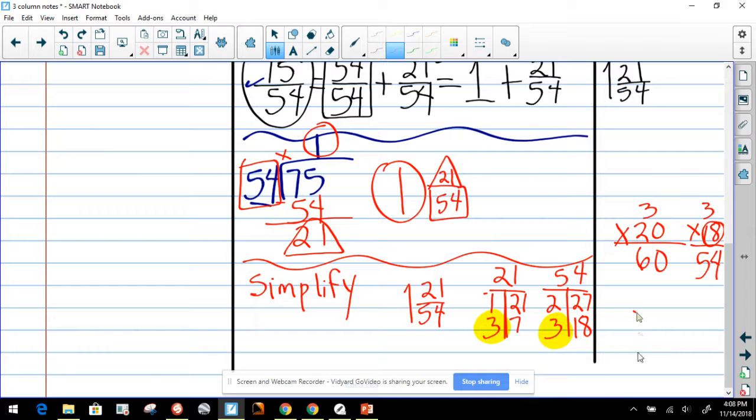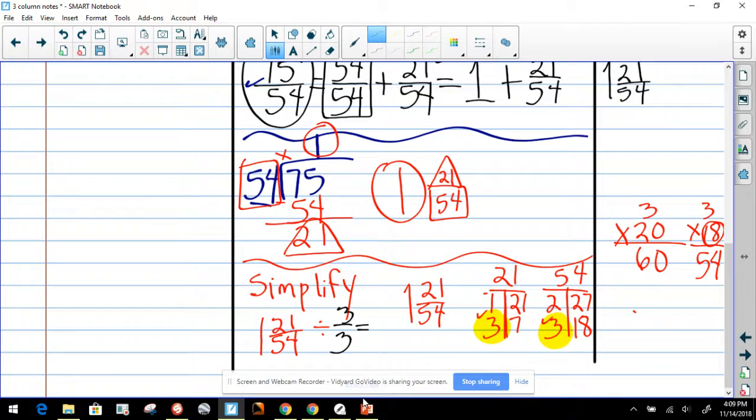So the simplification goes as follows. Then you grab the number 1 and 21 54ths divided by, we know that the factor is 3. 3 goes into both of them evenly.